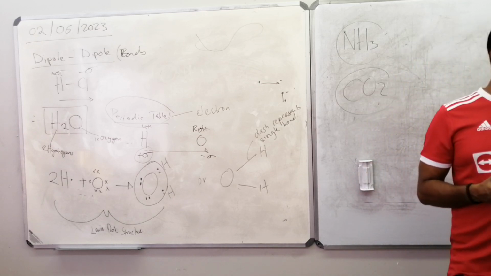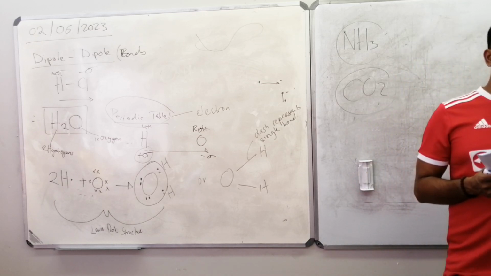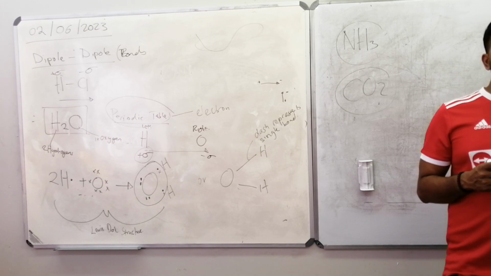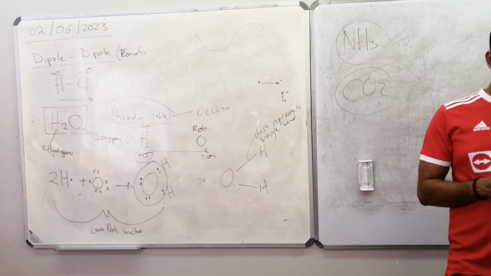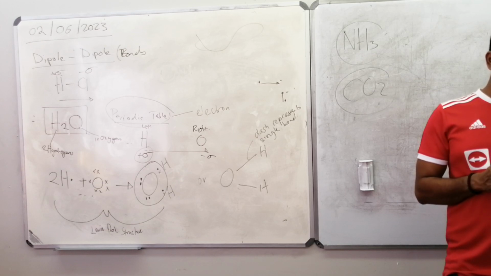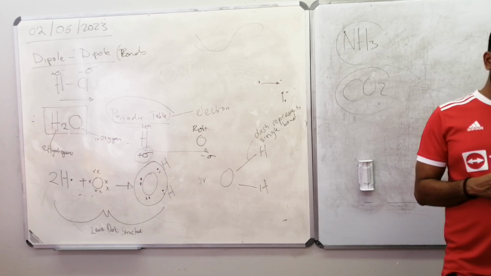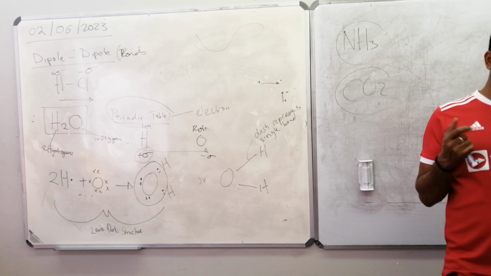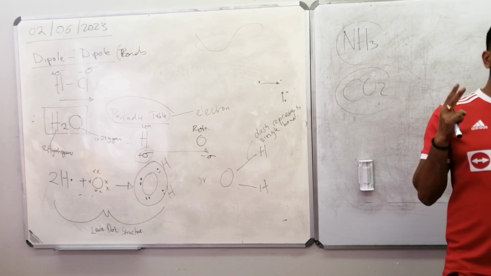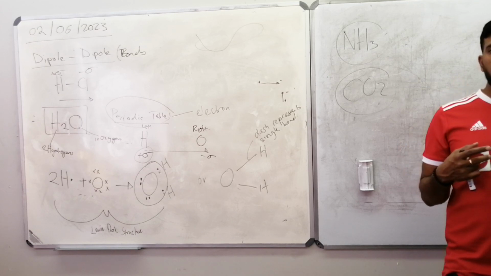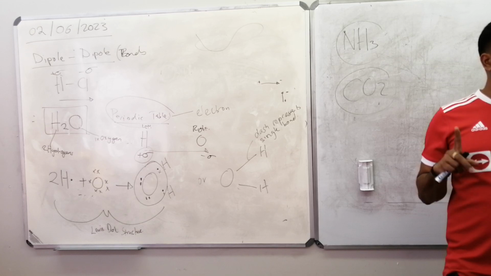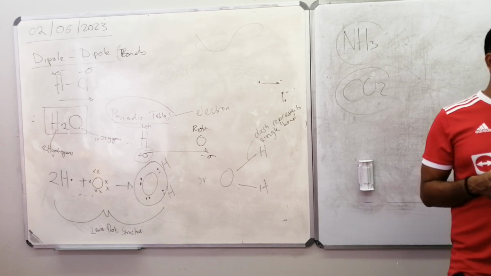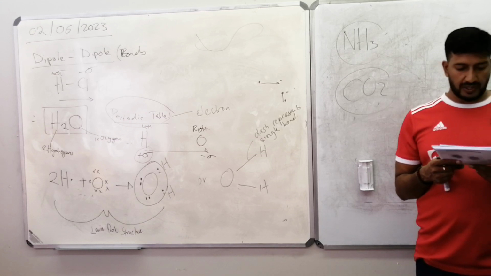Carbon is group 4. Then 8 minus 4 is 4. So how many bonds can you possibly form? 4. If we look at oxygen, which is 8 minus 6, that means each oxygen can form 2 bonds, and carbon can form 4 bonds. So basically, it created 2 double bonds. You get it? Created 2 double bonds.